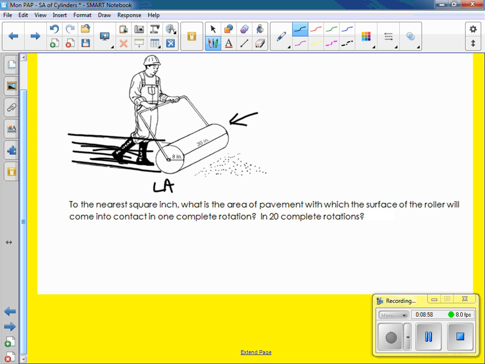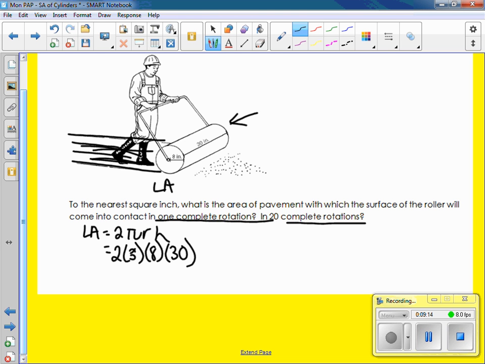So they're asking us to do 2 pi r h, and we're only doing 1 complete rotation, and then we're going to do 20 complete rotations. So I'm going to use 3 since it did say I could round, and h is 30. So 2 times 3 is 6, 6 times 8 is 48, and 48 times 30 is 1,440.